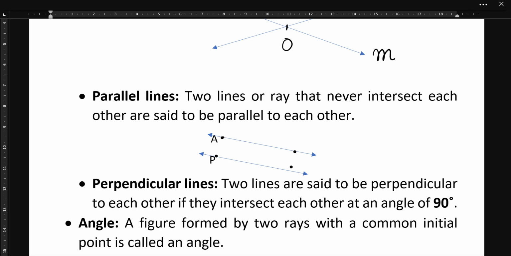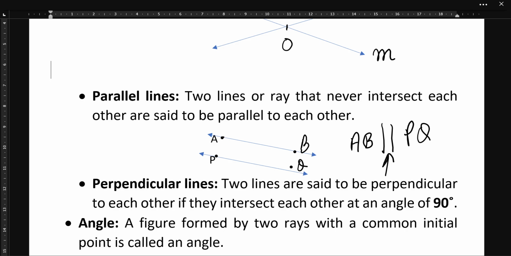So two or more lines or rays that never intersect each other are said to be parallel to each other. Here you can see line AB and line PQ. These lines are not intersecting each other, so we say line AB is parallel to line PQ. This is the symbol of parallel.